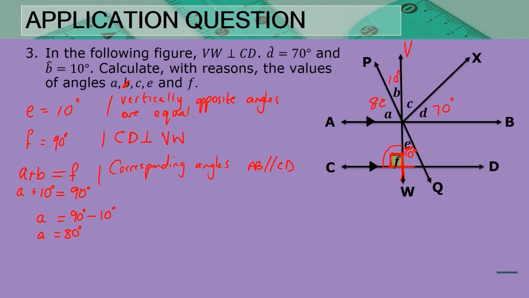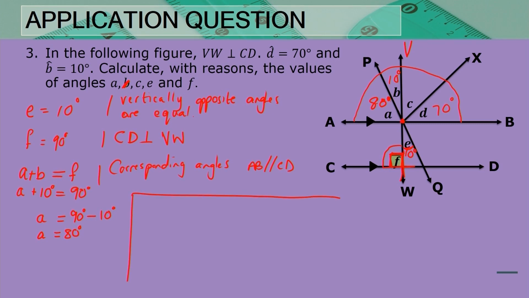So we've calculated F, we've calculated E, we've calculated A, and we've been given B and D. The only one that is left is to calculate our C. When we look at C, we can see that it is sharing a common vertex with angles A, B, and D. Not only are they sharing a common vertex, but they are also on a straight line.